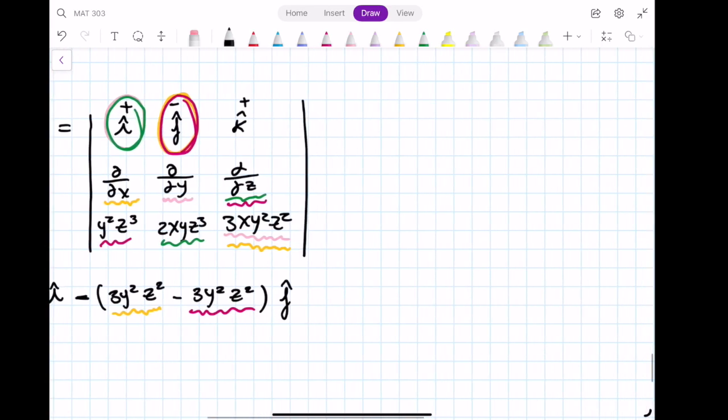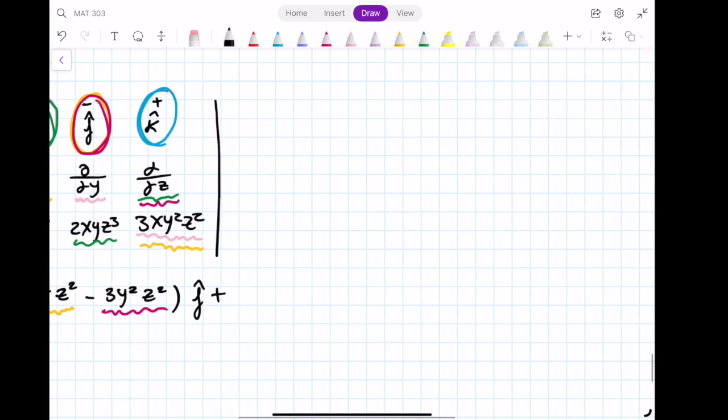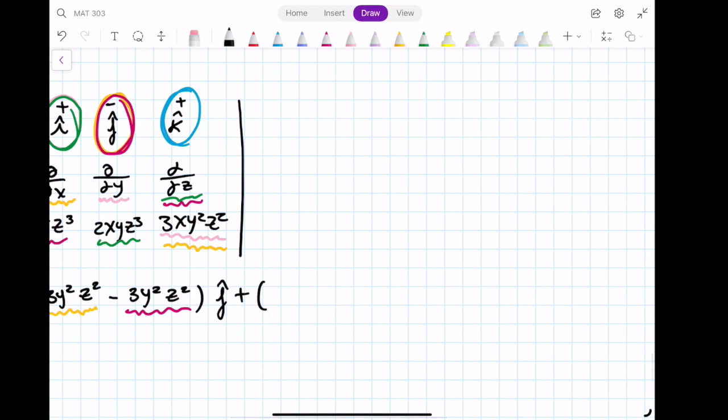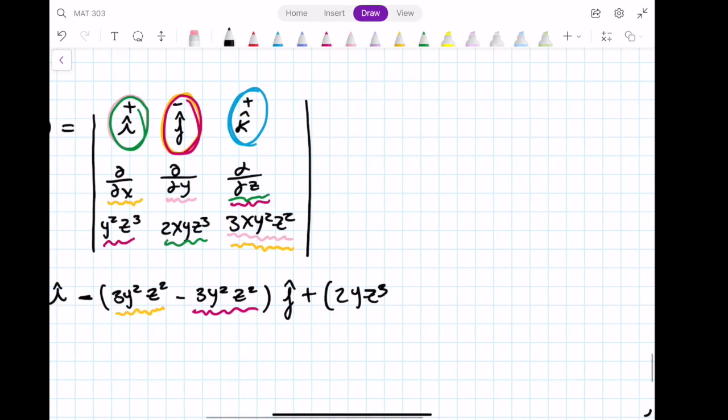So let's keep going. Next one, positive, because we're doing k hat. So 2yc cubed, that will be, the next one is this one and this one.